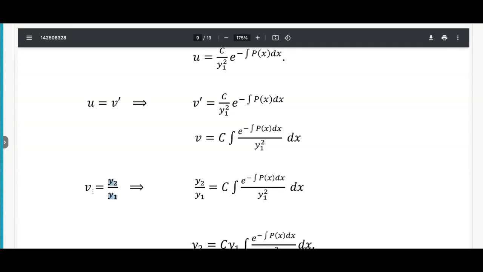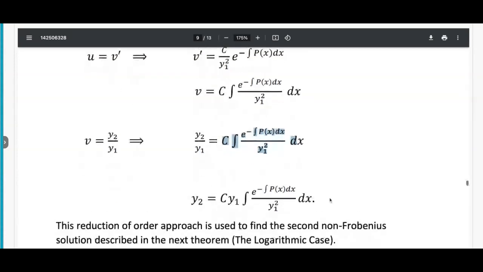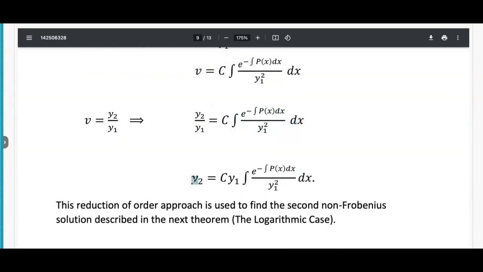So remember y2 equals y1 times v, so v can be written as y2 divided by y1. And so y2 divided by y1 is this v. Then for y2, we just multiply y1 to the other side.